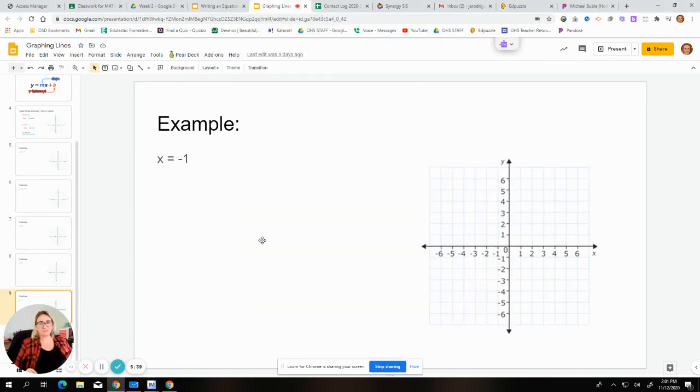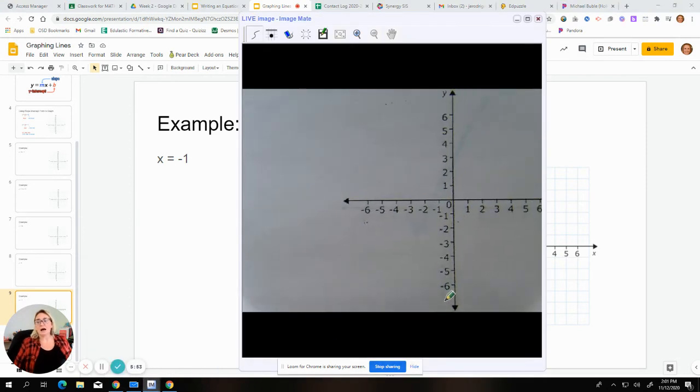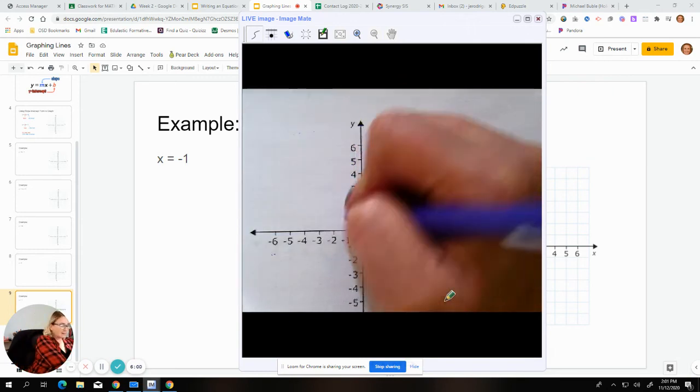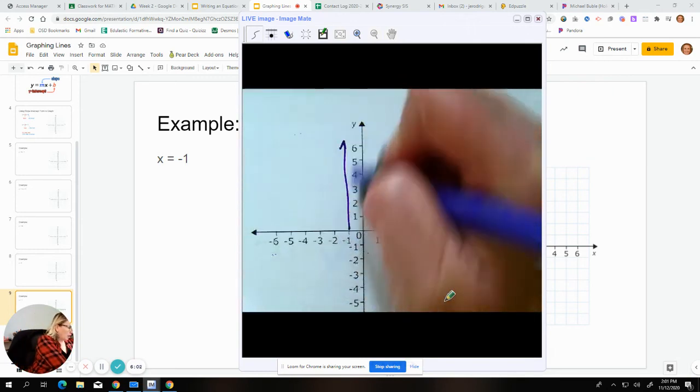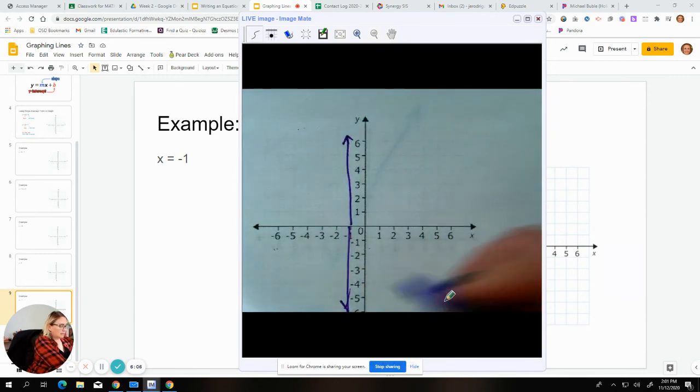So then what happens if it's an x? First of all, this is not in slope-intercept form, because that is y equals mx plus b. If you go back to what we were talking about for slope, this is an undefined slope, or a vertical line. So you're going to go to -1 on the x-axis and draw a vertical line. That is x equals -1.